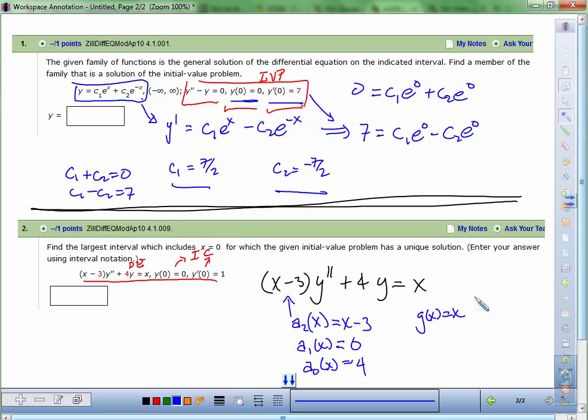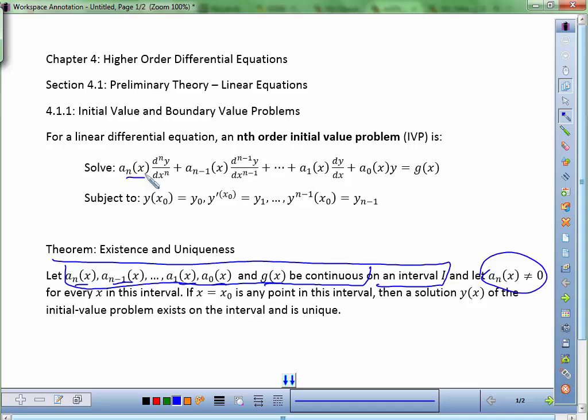What I did was I just wanted to identify all my little functions here, because according to the theorem, I want to check all those little functions to see if they're continuous. And that's one part of the conditions for this theorem. The other part of the conditions is that the leading, I don't want to call it coefficient, but the coefficient function is not equal to 0.